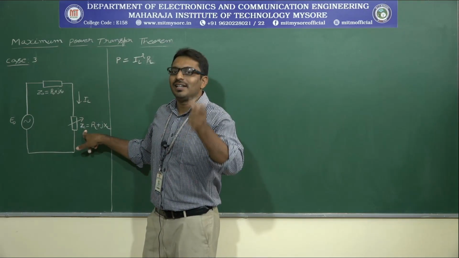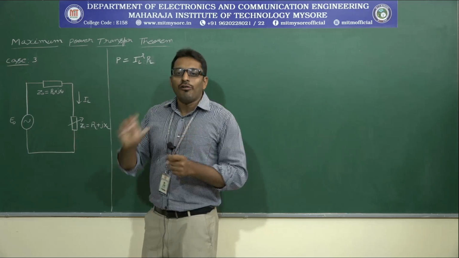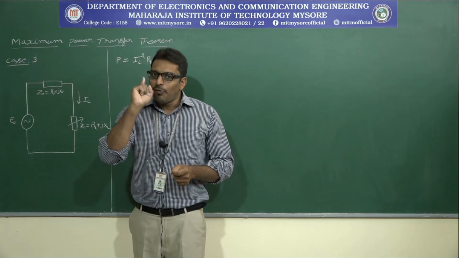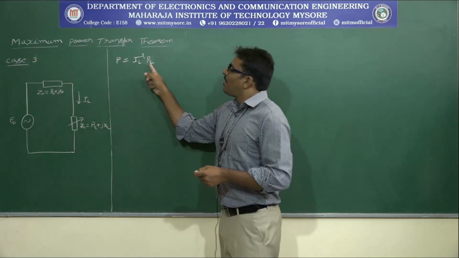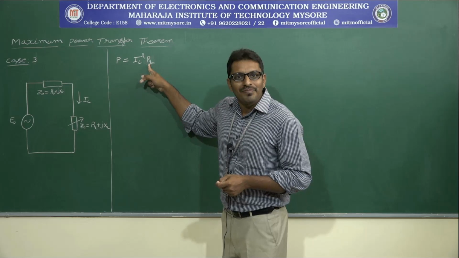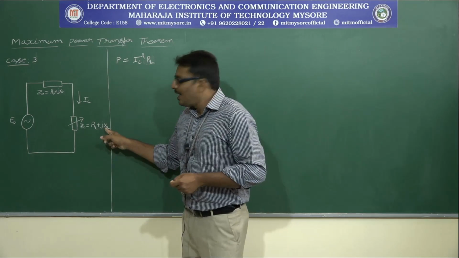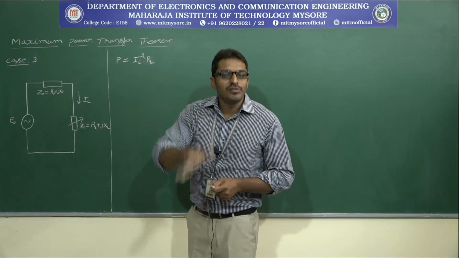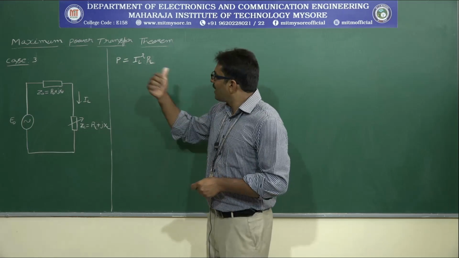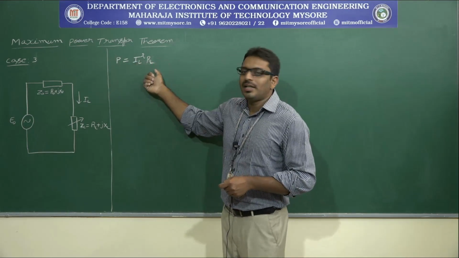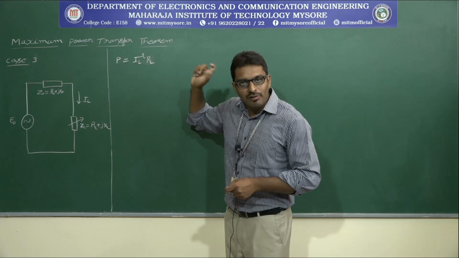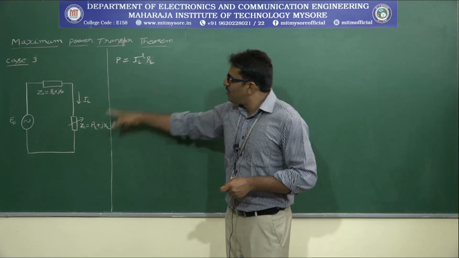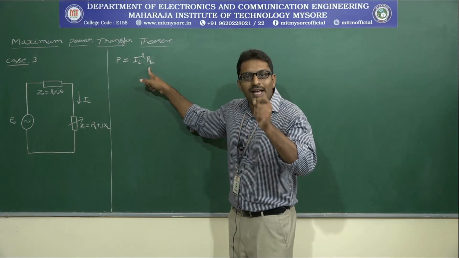But you already discussed in basic electrical engineering, out of three basic elements, resistor, inductor, capacitor, the one and only element which consumes the power is resistance only. The power consumed by pure inductor is 0. The power consumed by pure capacitor is also 0. That's why while calculating the power, we should consider only resistance, because the one and only element which consumes the power is resistance. That's why instead of substituting ZL, I am substituting only RL.